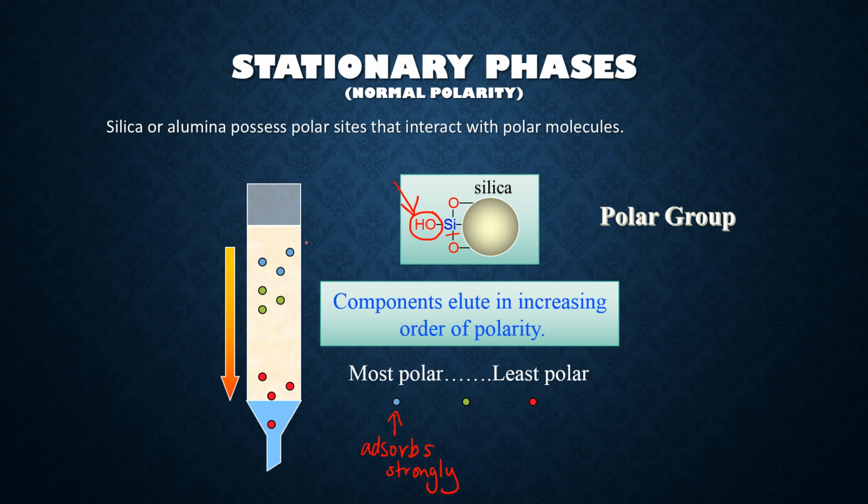So the blue component adsorbs the most strongly. The red component has come out first because it's adsorbed the least. So the least polar, which means the most non-polar, will adsorb the least and therefore be eluted first.